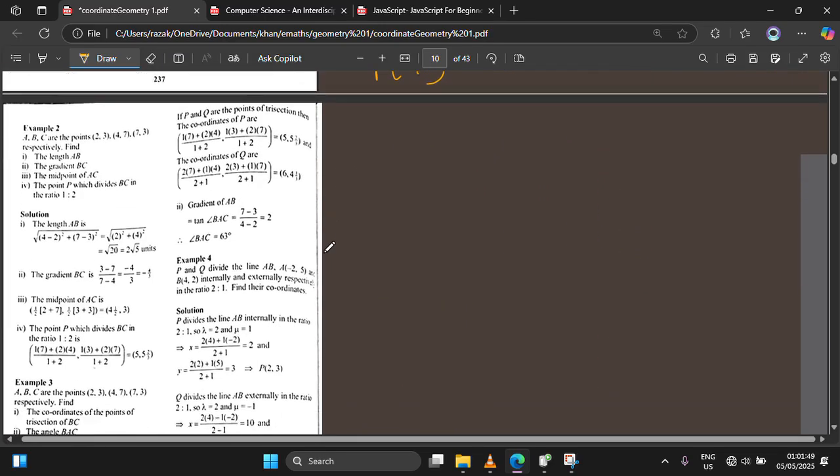So there are several examples here. A, B, and C are points. Find AB. This is a magnitude formula, a magnitude question. The next one is gradients. We've done gradients. In our previous video, we've done midpoints.